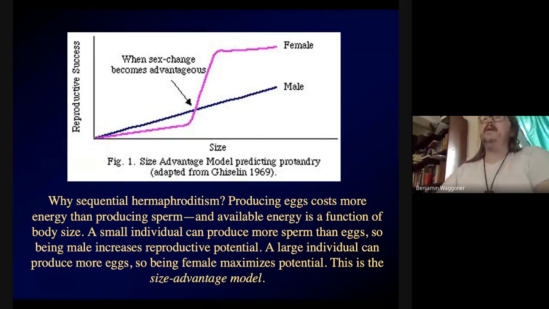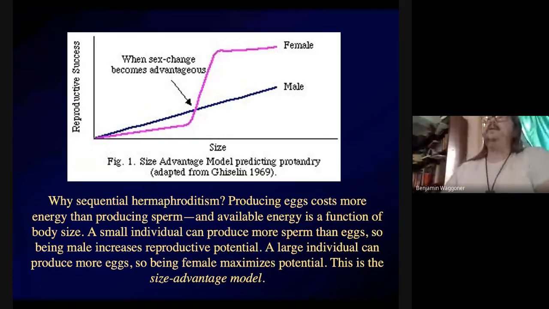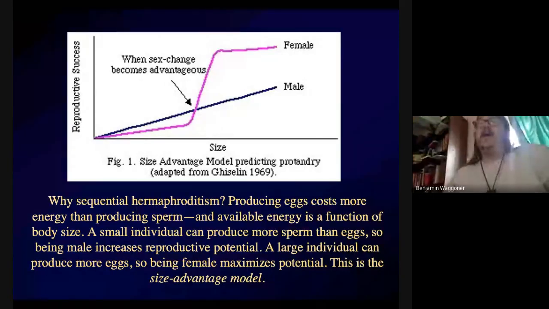A chicken egg is 2 inches long, and a chicken sperm is maybe 20 microns long. It's not significantly bigger or smaller than any other sperm. And it takes a great deal more metabolic energy to produce that egg, not just because the egg is larger, but because eggs very often contain yolk. They contain energy for the developing embryo.